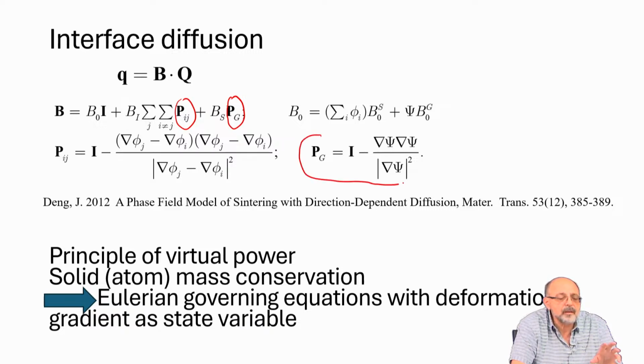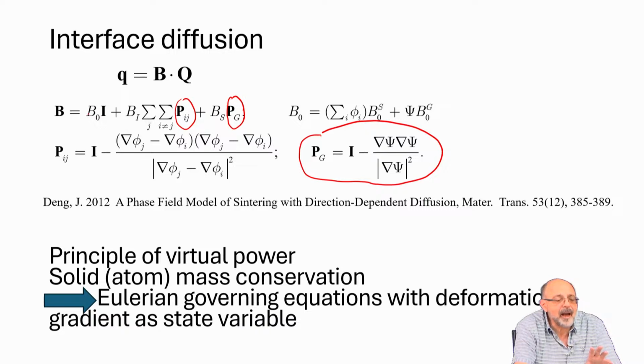On the solid-gas phase, I could just do the projection with a gradient of the gas phase variable, and then I will have a bulk mobility. I will have grain boundary mobility, and I will have grain surface mobility. So instead of a mobility parameter, I have a mobility tensor for my flux of atoms. This is a power conjugate, this is the flux, this is the mobility tensor.